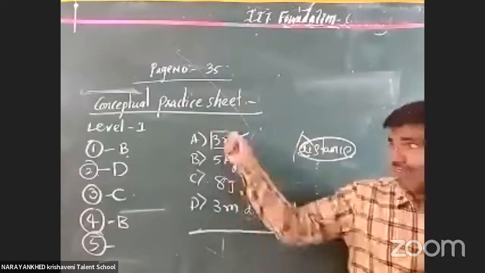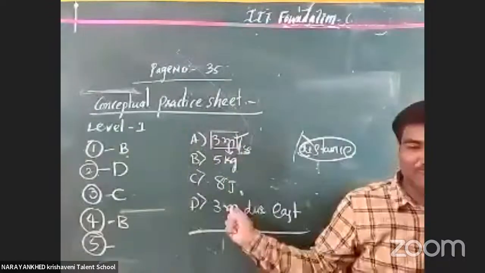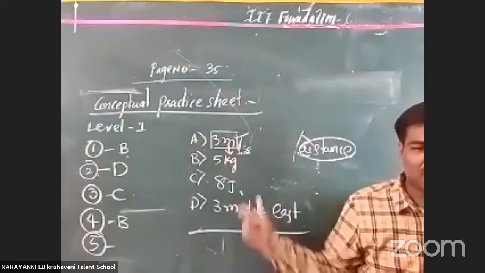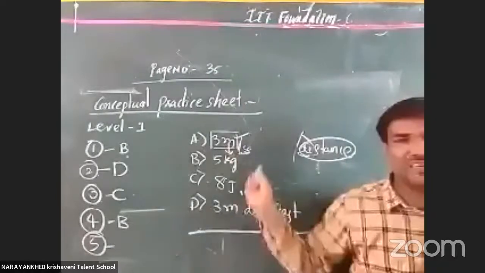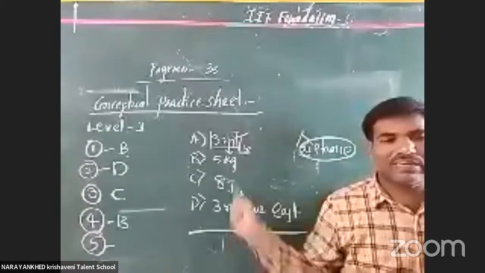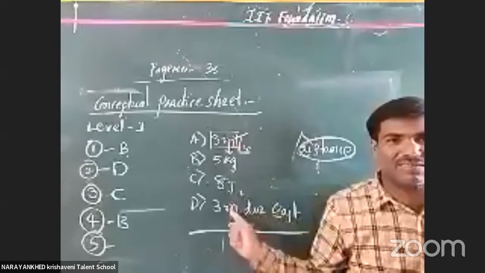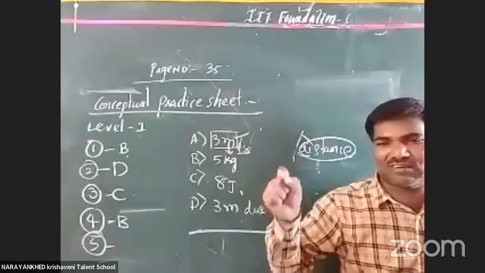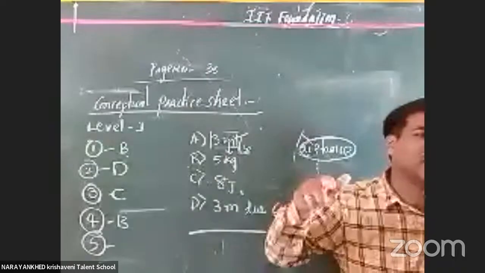The 3 meters is the same here, 3 meter, 3 meter, but they specify a direction. It becomes our displacement, not distance. When we specify a direction for a distance, it becomes what?